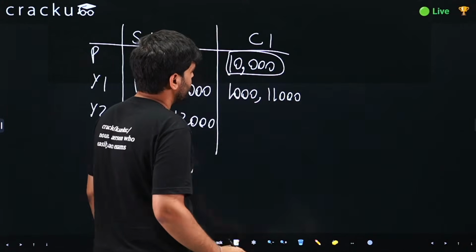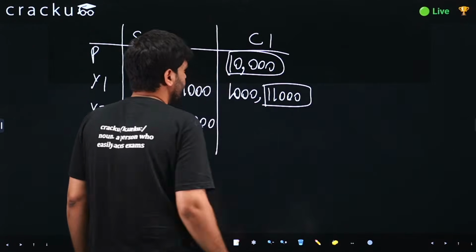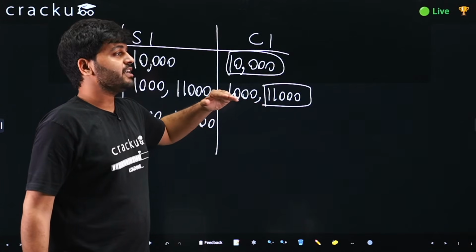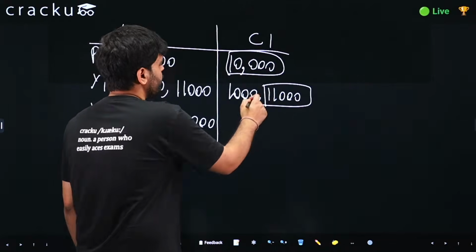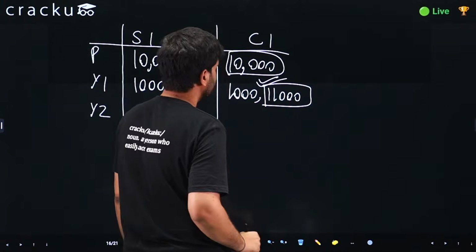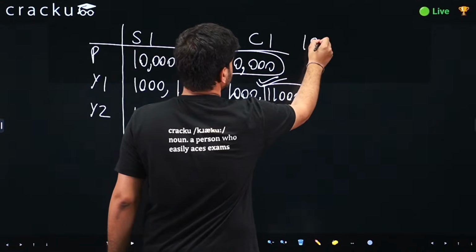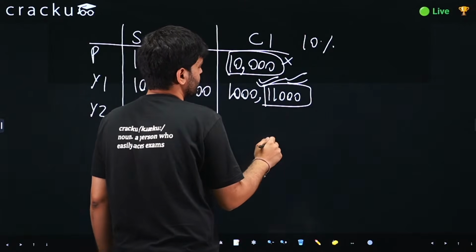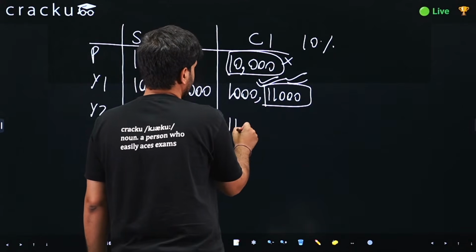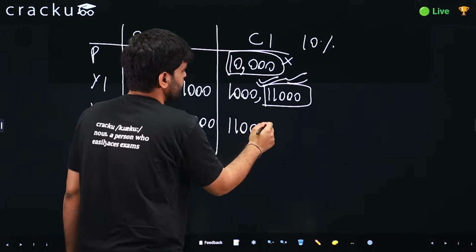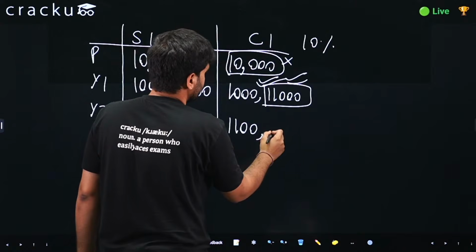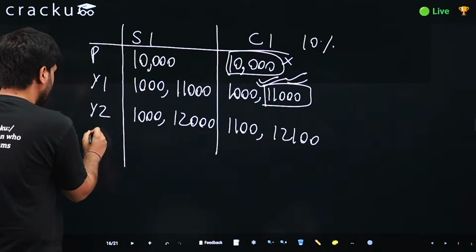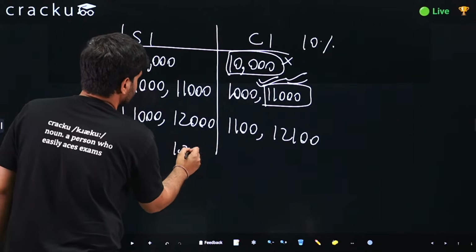The interest will be calculated on the new amount which was there at the end of the previous year. So at the end of the previous year, the new amount was 11,000. So now this 10% interest would be calculated on this, not on the initial principal. So 10% of 11,000 would be 1,100. 1,100 would be the interest in case of compound interest, and the total amount would be 12,100.